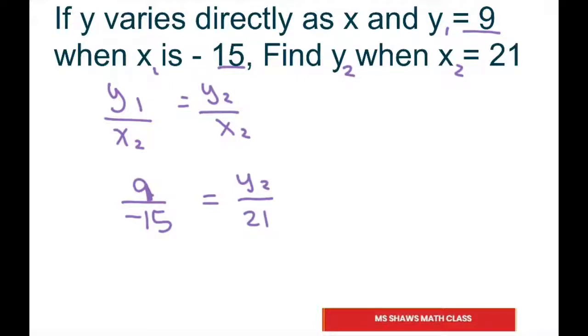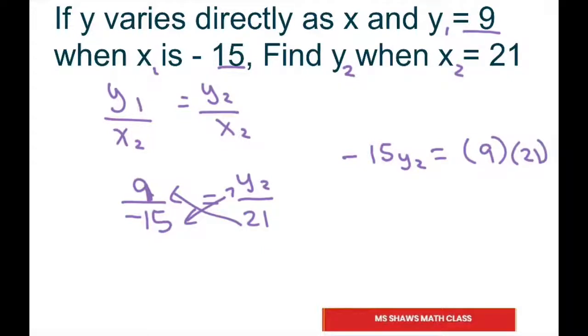And you cross multiply and you get negative 15 times y sub 2. I cross those two and I cross those two. Equals 9 times 21. Then you divide both sides by negative 15.